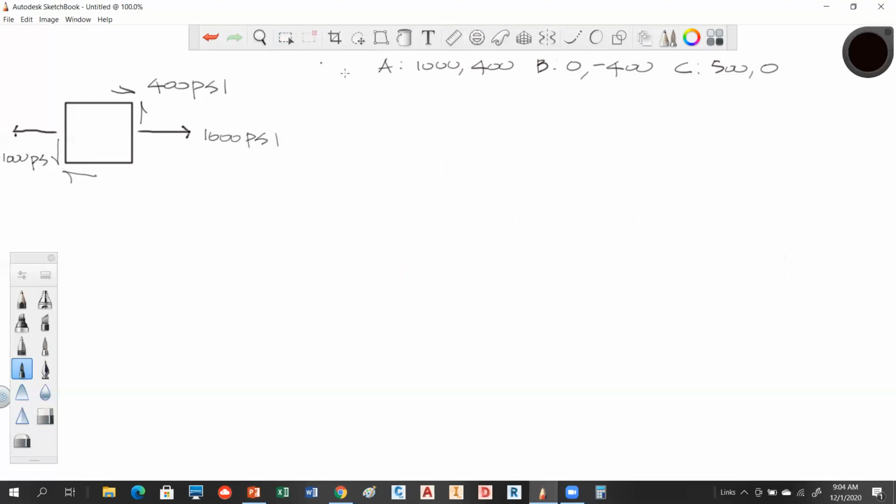So I'm going to go ahead and construct an axis. Let me see if I can do this now. This is going to be hard for me. Okay, so I'm going to draw my axis right here.